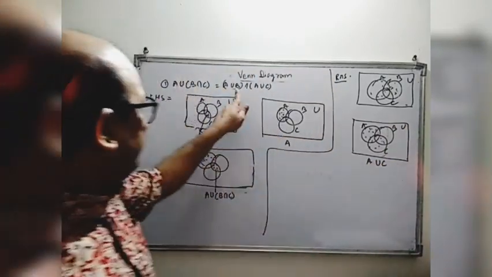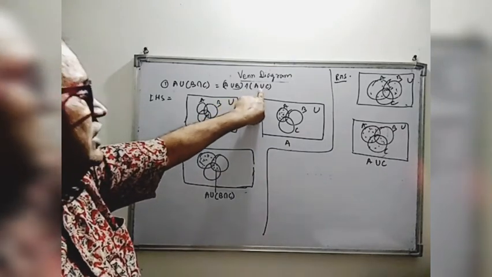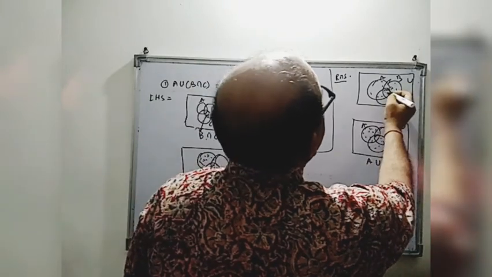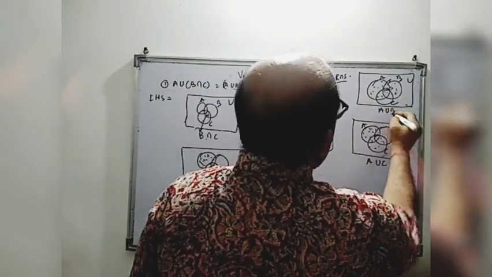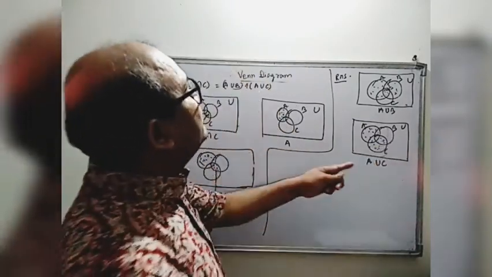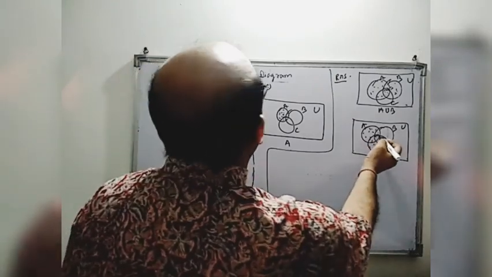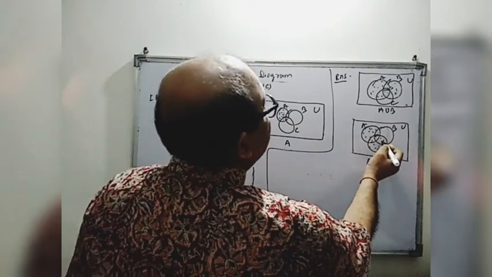So what we have to find is A union B intersection A union C, the intersection of these sets. This is your A union B, and this is A union C. So what is the intersection? What is common in both of them? A is fully common and this portion is common.